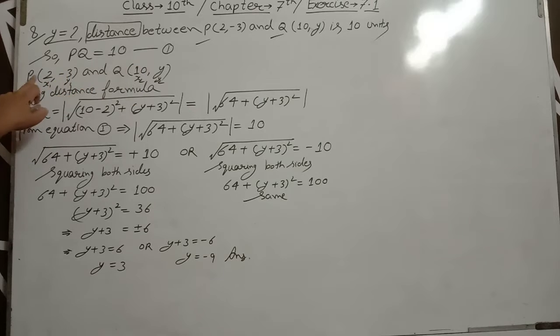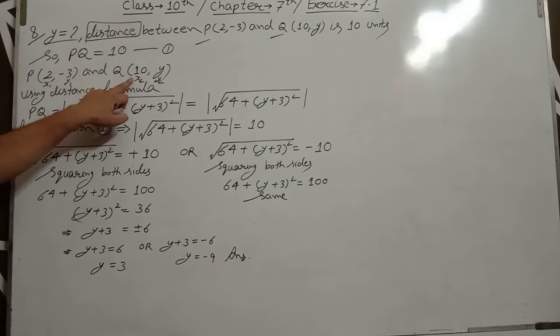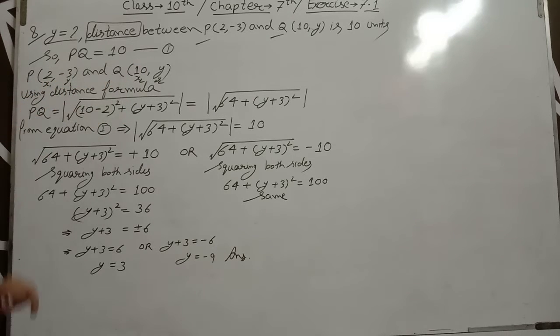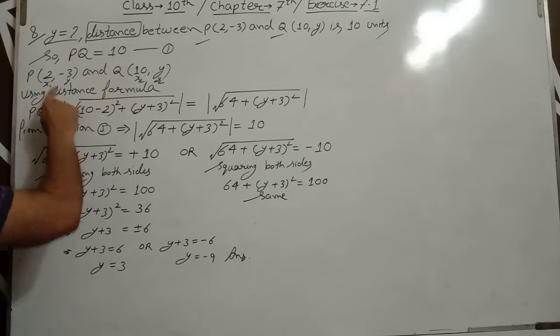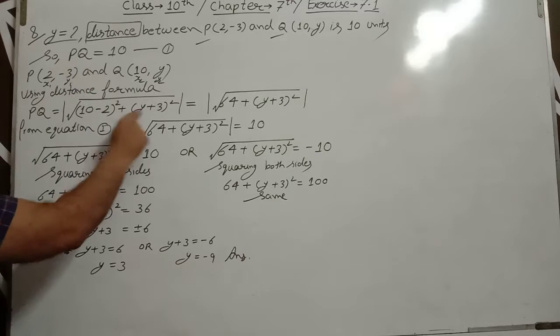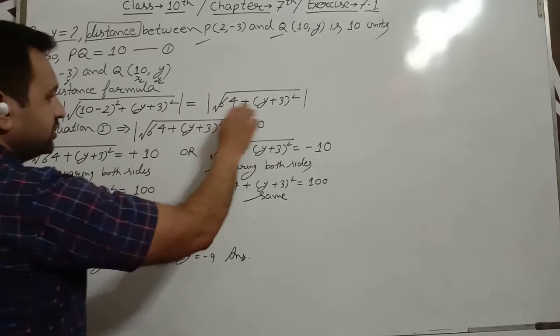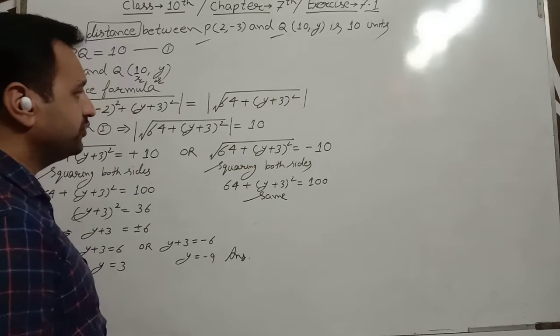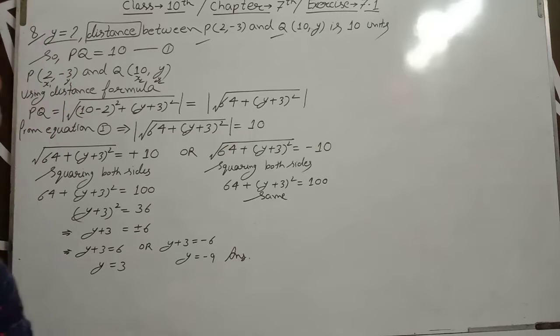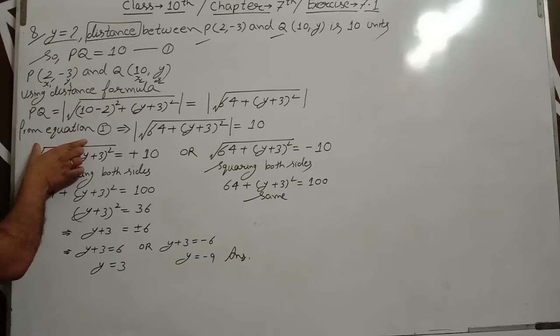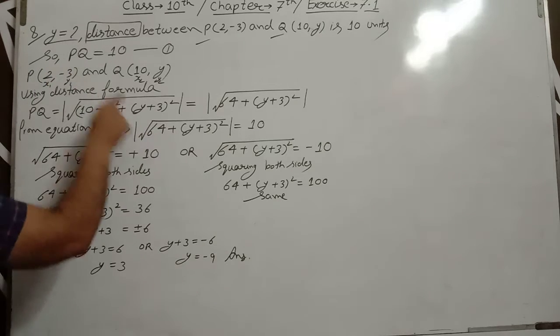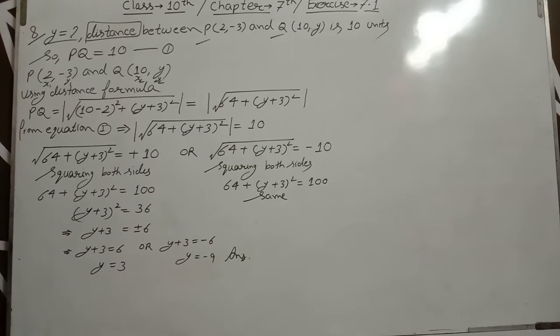Equation number 1. Taking the coordinates of P and Q as (x1, y1) and (x2, y2), using the distance formula, we find PQ: under root (x2 minus x1) whole square plus (y2 minus y1) whole square in modulus, which is under root 64 plus (y plus 3) whole square. From equation number 1, we put the value of PQ equal to 10.